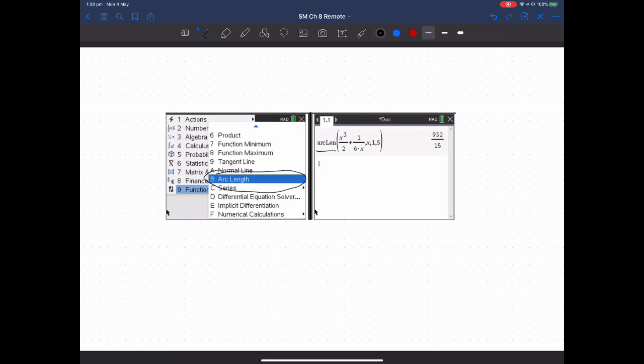You have to type in what the function's equation was, not with y equals, just the part after the equals sign. Identify the variable, in this case x. You have to indicate the starting point, which was 1, and the finishing point, which was 5. This gives us the answer 932 on 15, which matched our answer when we did it by hand.